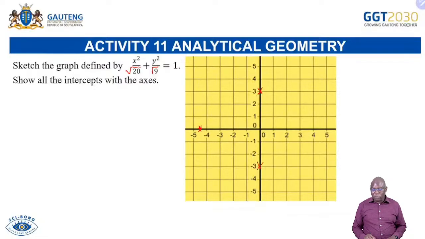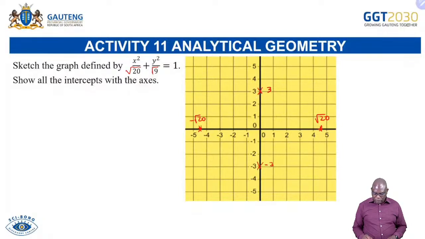Any place between 4 and 5, it will be closer to 4 than to 5. So in this case, I must also go there and put it there. And what do I put there? Square root of 20. Do not try and put decimals in there. Just put it as it is, negative square root of 20. And there it's a 3, there it's a negative 3.